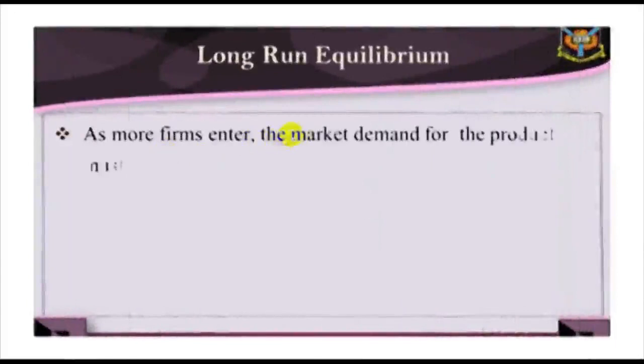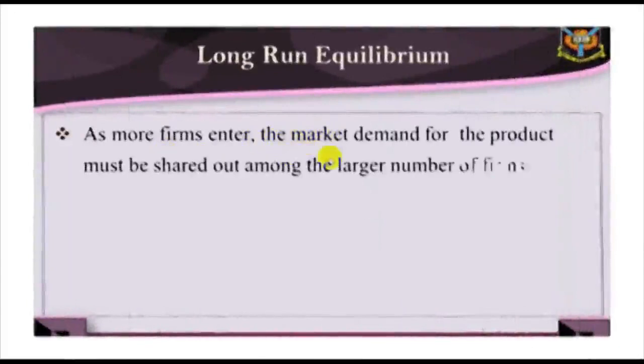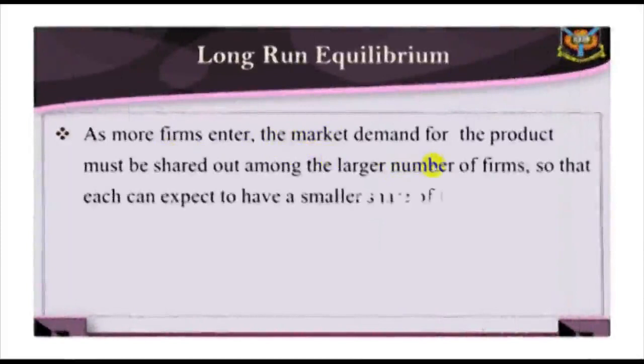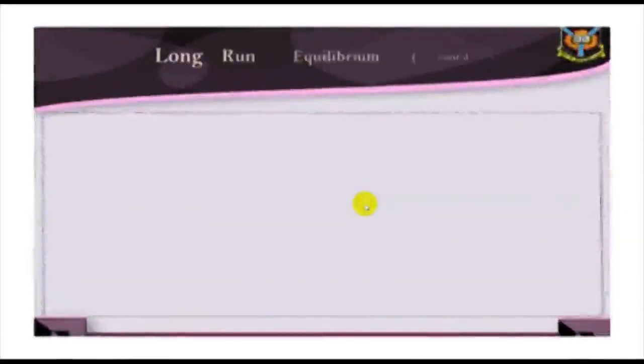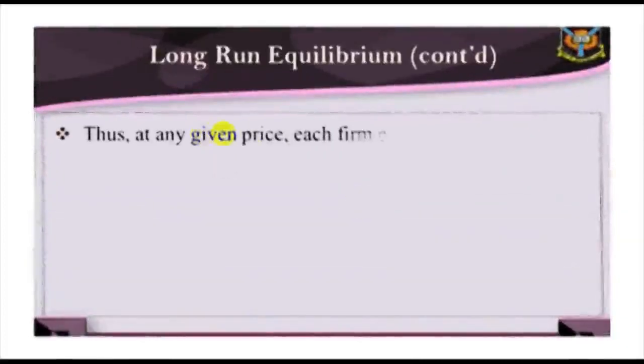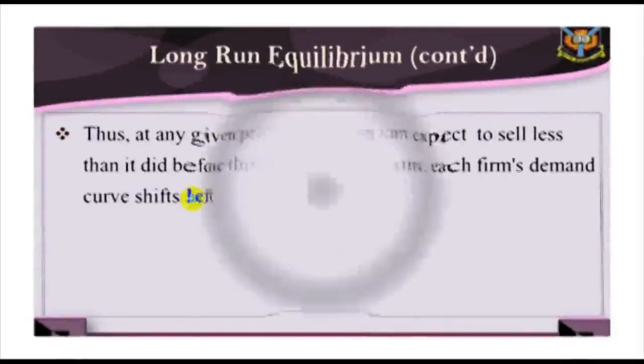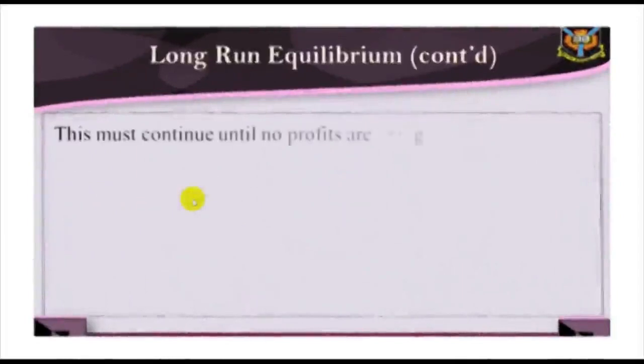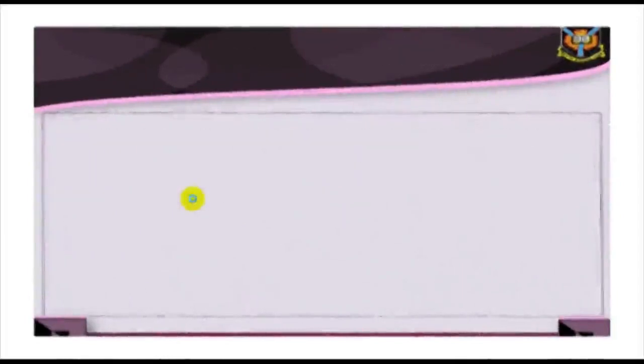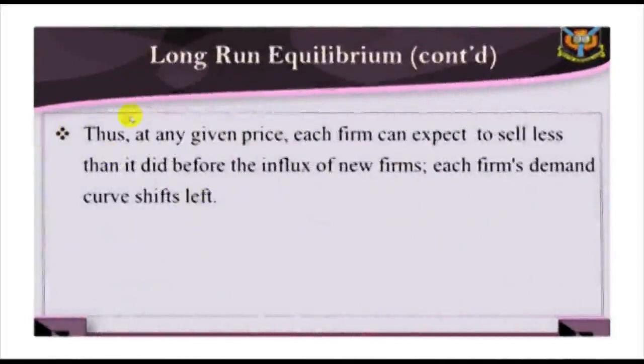As more firms enter, the market demand for the product must be shared out among the larger number of firms so that each can expect to have a smaller share of the market. Thus, at any given price, each firm can expect to sell less than it did before the influx of new firms. Each firm's demand curve shifts to the left.